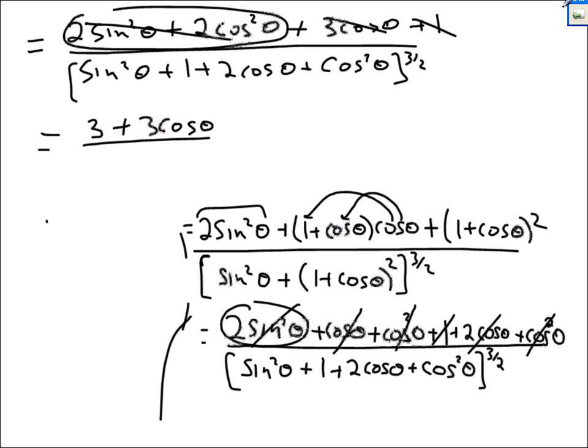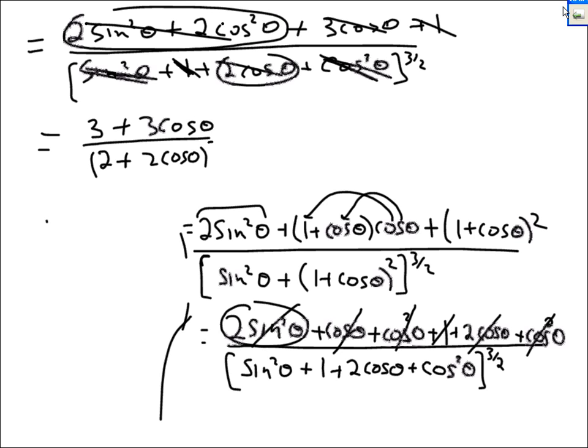The bottom: sine squared theta plus cosine squared theta is 1, plus another 1 is 2, plus 2 cosine theta.